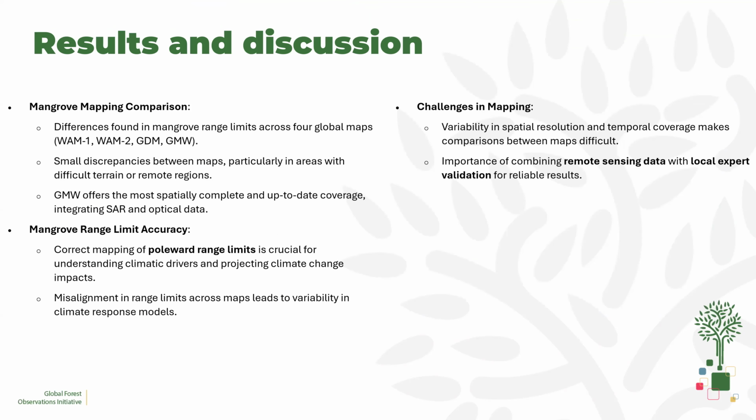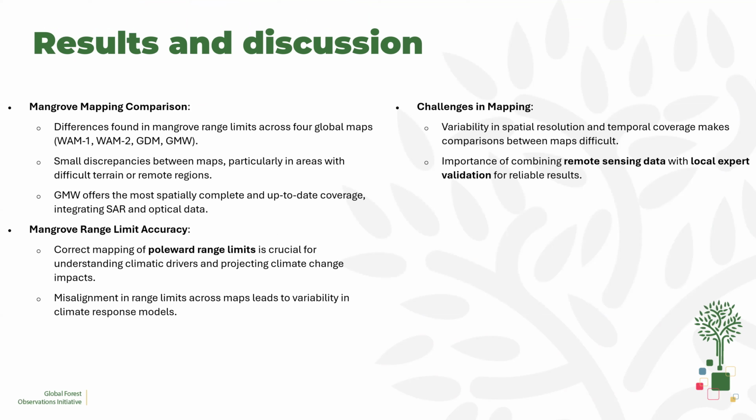So the results: there is a huge difference between the global maps regarding the range limits. And there are these small discrepancies between maps, particularly in areas with difficult terrain and also in remote regions.